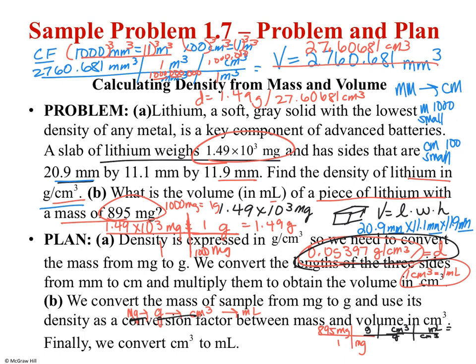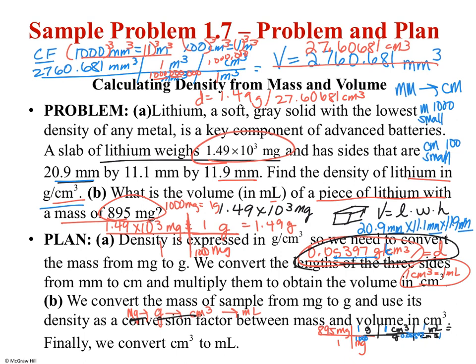Now you want to put in the numbers. For milligram, there's 1,000 milligrams for 1 gram. For this one, you put in the bottom number, 0.05397. For 1 centimeter cubed, you get 1 milliliter.